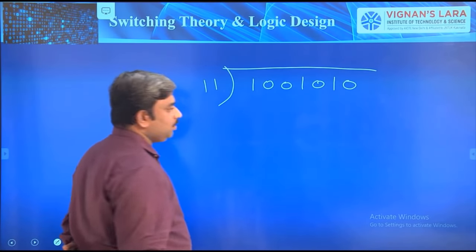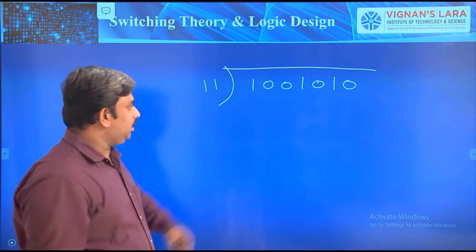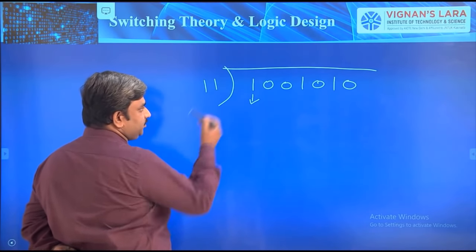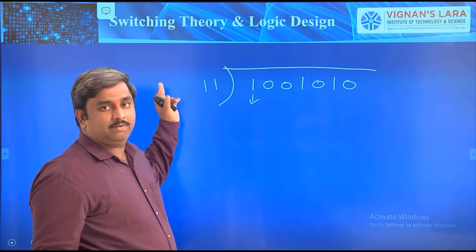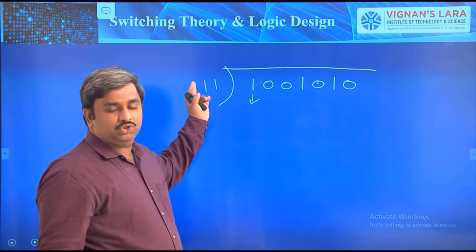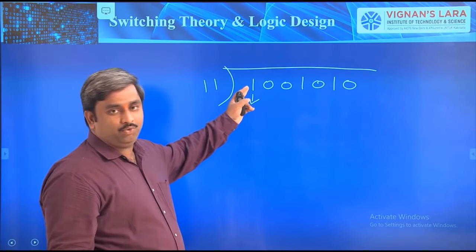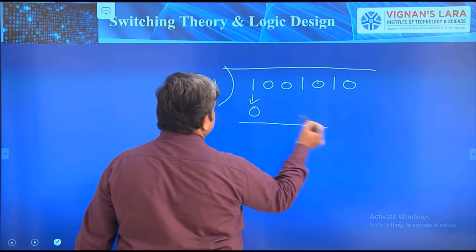First we will check each bit. There is a chance of multiplying this value by 1; the minimum value is 3, so 3 into 1 is 3. The minimum value is 3, but here we have only one bit, so there is no chance.